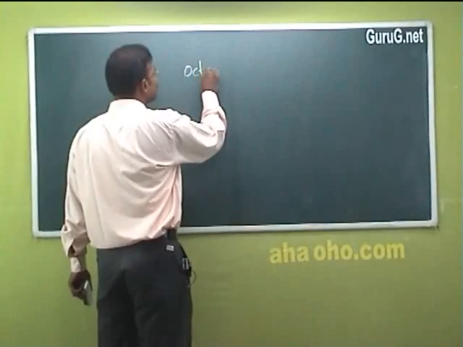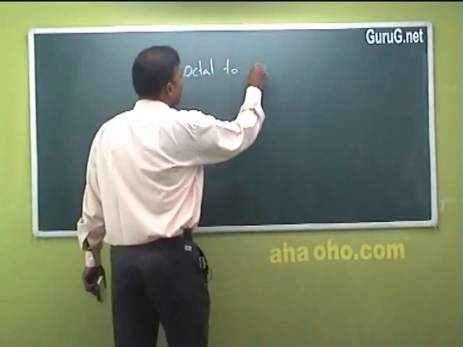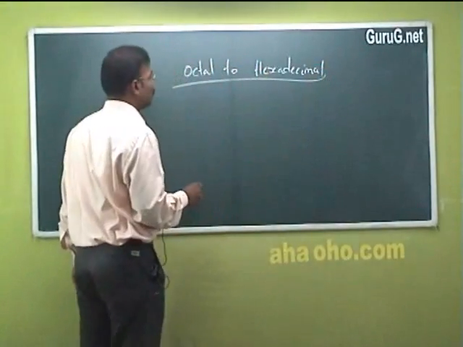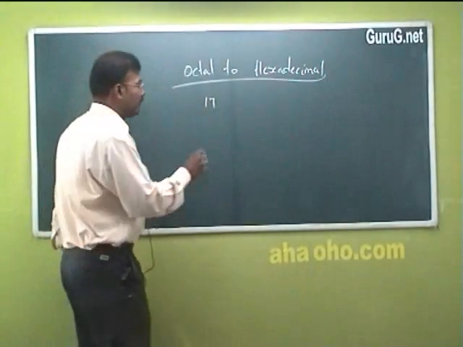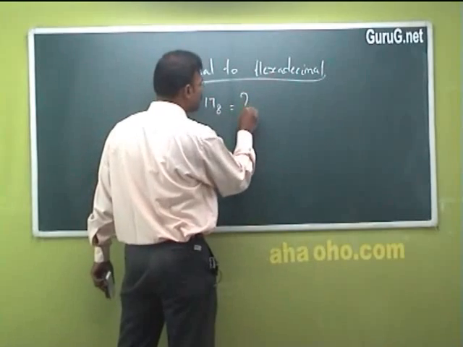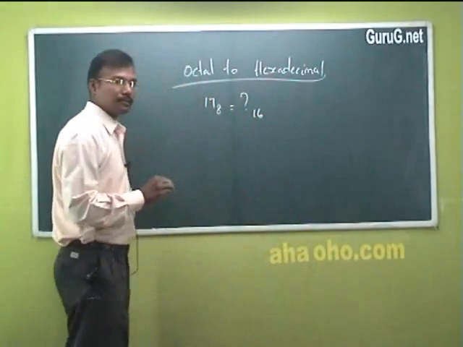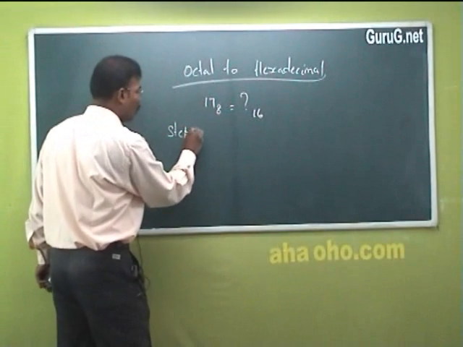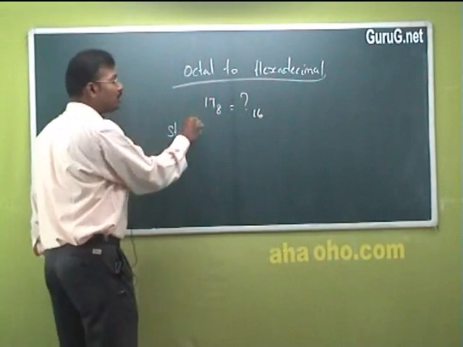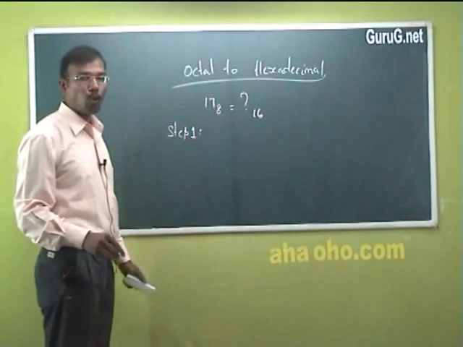Now we are going to see how to convert an octal value to hexadecimal. We can take the octal value 17 and convert it to a hexadecimal value. The first step: we need to get the binary equivalent for 17.